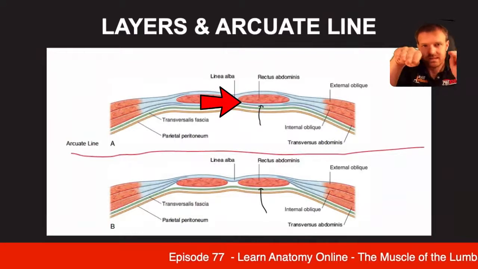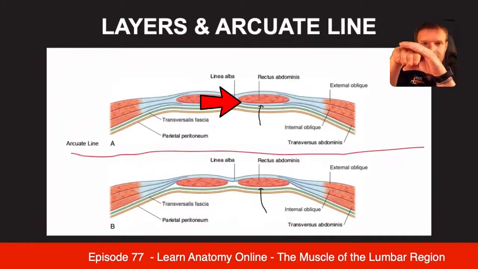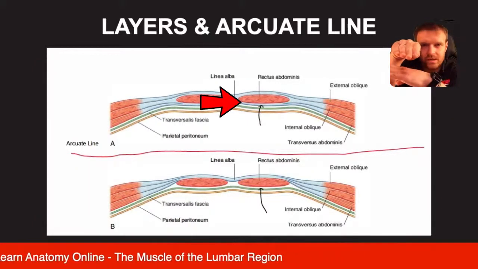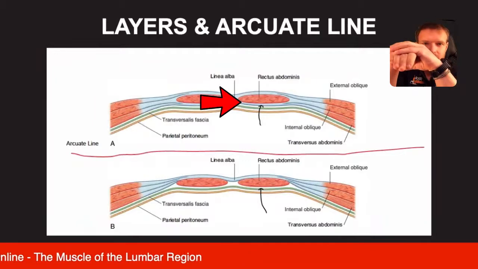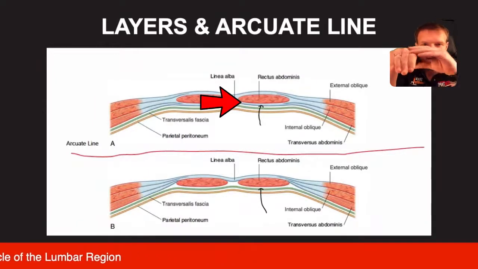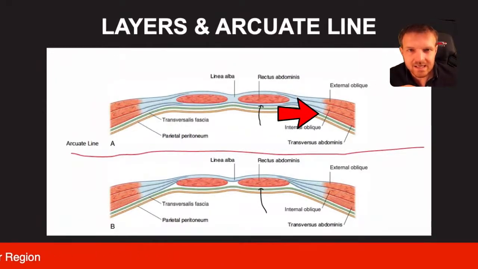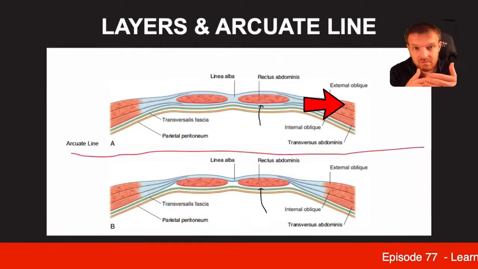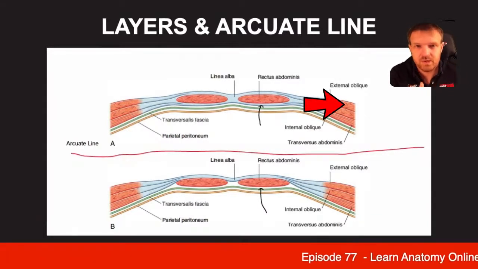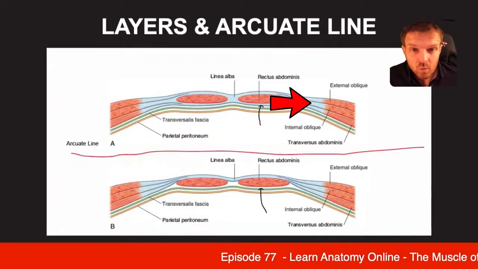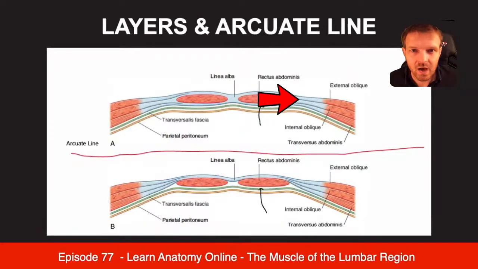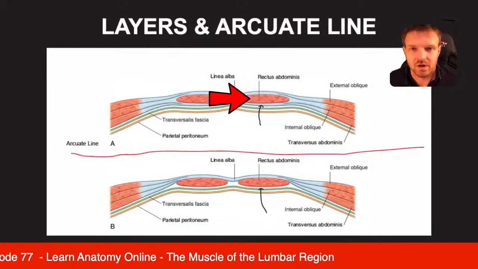A posterior part of it goes under the rectus abdominis, and the anterior part goes over the top of it. So imagine that was your rectus abdominis. The internal oblique would wrap around it like that. So transverse would go under, and internal oblique would wrap around the whole thing. And then the last layer is this one here, your external oblique, the most superficial of all the muscles. This one has only got one single layer of connective tissue, and that only goes over the top.